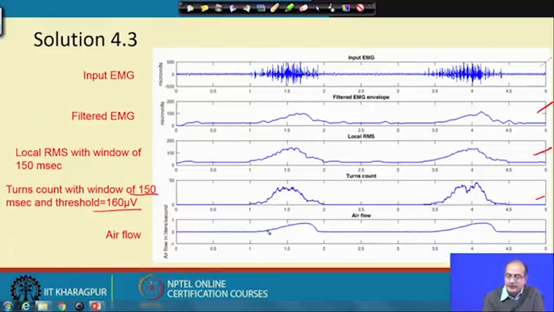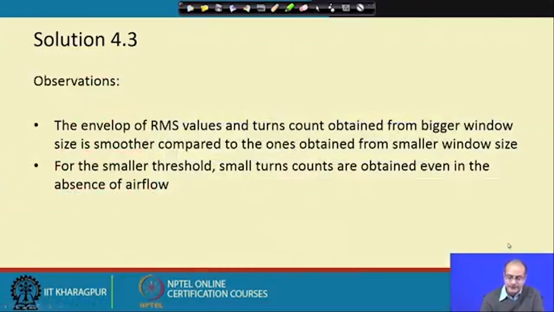However, the airflow is very smooth compared to that and it has an abrupt end, it is coming down very quickly. So, that is the thing we get out of this comparison, and let us conclude our findings.